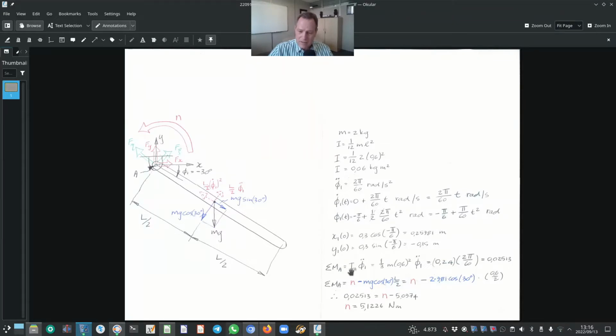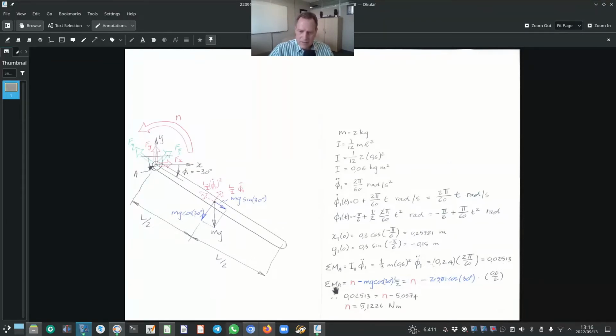The equation for that moment of inertia is 1 over 3 times the mass times the length squared. If we substitute the values, we get 0.24 multiplied by the angular acceleration, and we get a value of 0.02513.